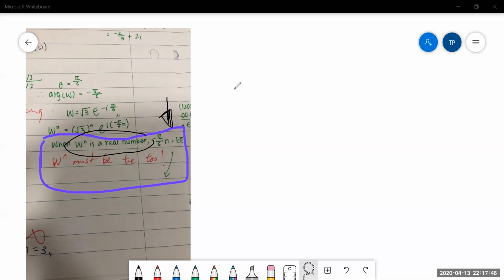Let's take a look. Wow, it's a very bad graph. K pi. If it's a real number, it will be K pi.